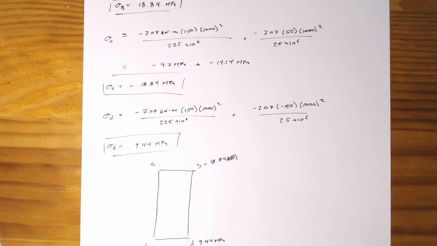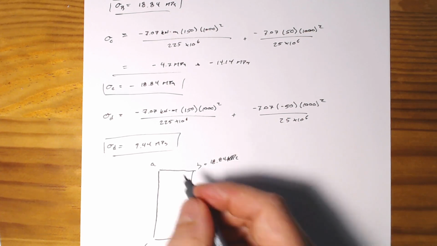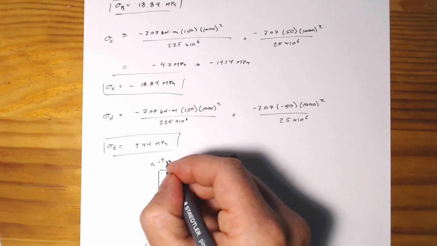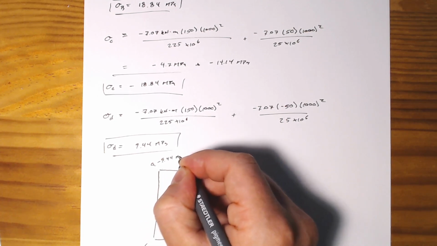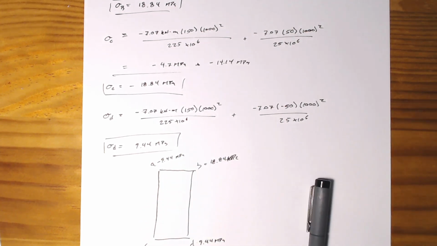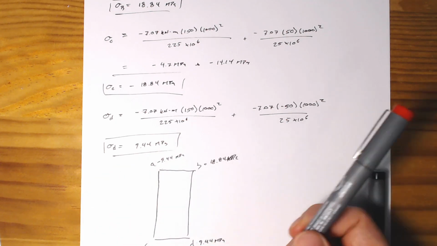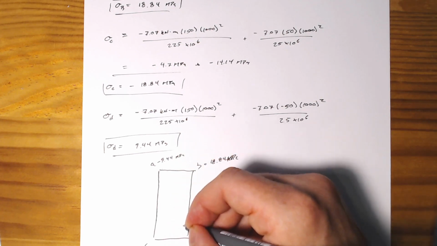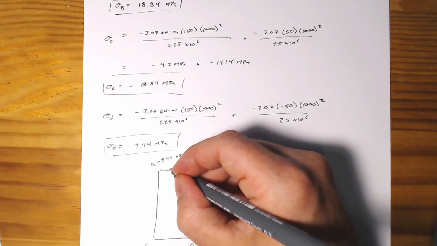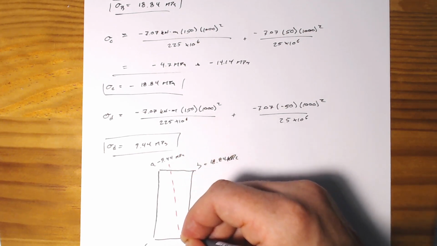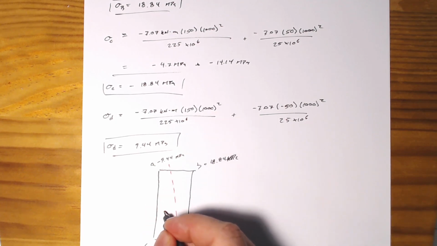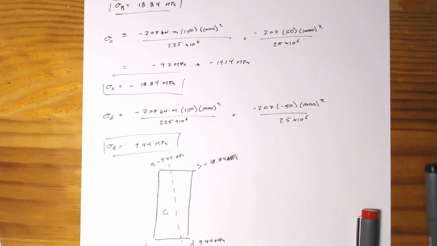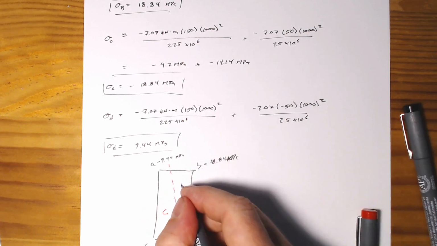C is negative 18.84 MPa, and A is negative 9.44 MPa. And again, negative we're saying is compression, and positive is tension. And so there'll be a neutral axis coming through about like this. So this is our compression side, and this is our tension side.